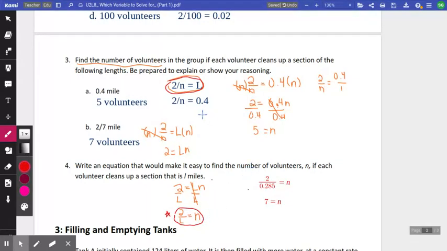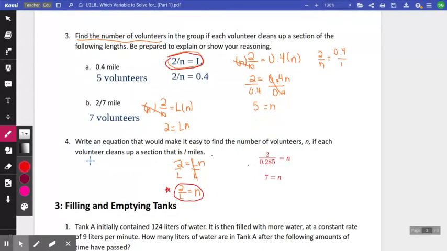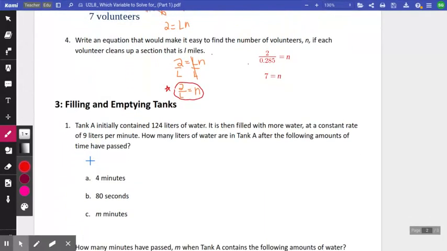So 2 different representations for this situation, but depending on the information given to you, one might be a little easier to use than the other. We're going to practice the same thing again down here with this new situation.